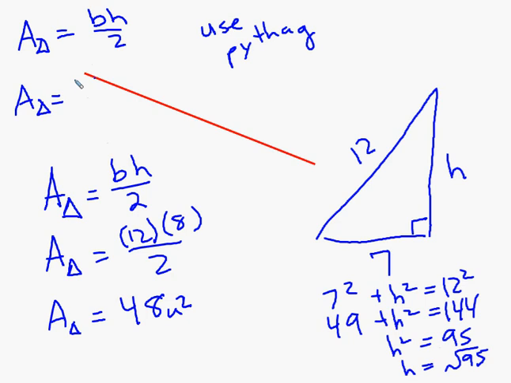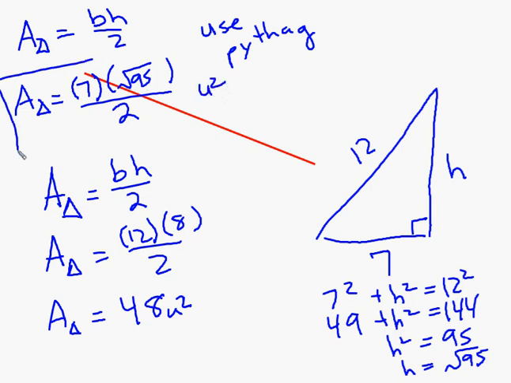So the base is what? Base is 7. Okay, and what's my height? Root 95, and then divided by 2. Since I did that exact, units squared, and I'm done. If I'm going to estimate, I put that in my calculator. 34. Okay, so Justin, I replaced base with 7. You with me?